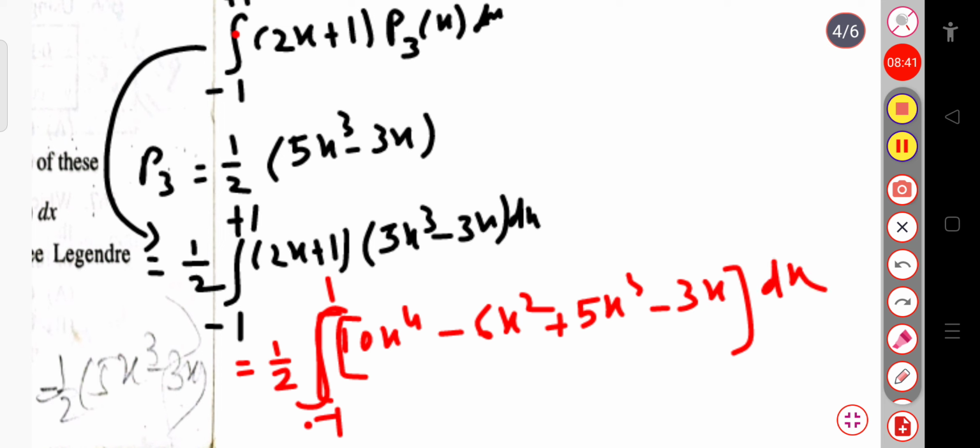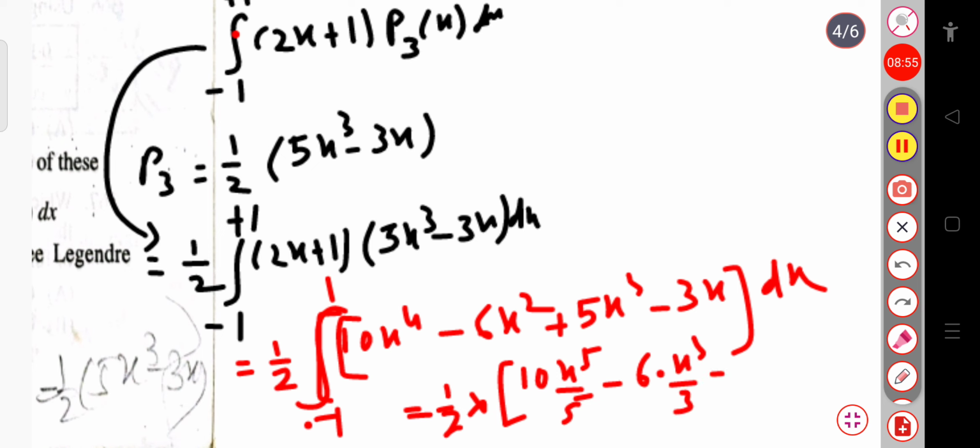Now if I calculate this, it is equal to 1 by 2 into the integration of this: x power 4 gives x power 5 divided by 5, minus 6x square gives 6 into x cube by 3, similarly plus 5 into x power 4 by 4 minus 3 into x square by 2.